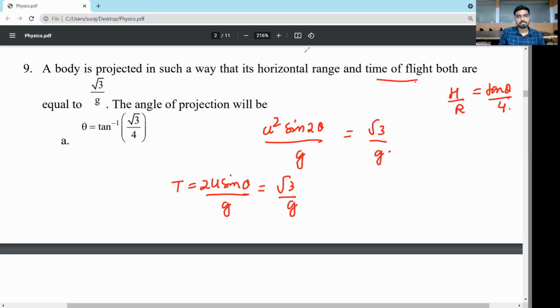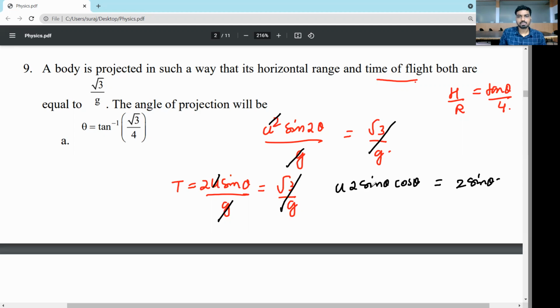Now, what I can do is, I can just divide. This will get cancelled. G will get cancelled. This will also get cancelled. Sine 2 theta will be 2 sine theta cos theta. So I can get here 2 sine theta cos theta into u equal to 2 sine theta.